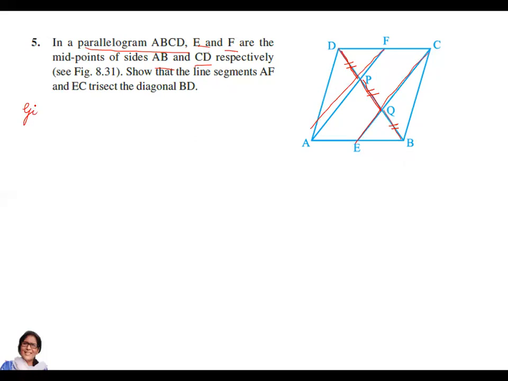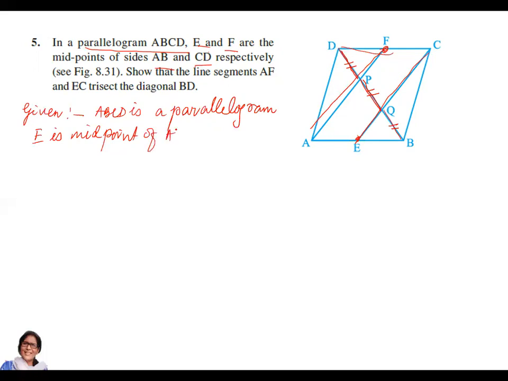So what is given? ABCD is a parallelogram. F is midpoint of CD and E is midpoint of AB.